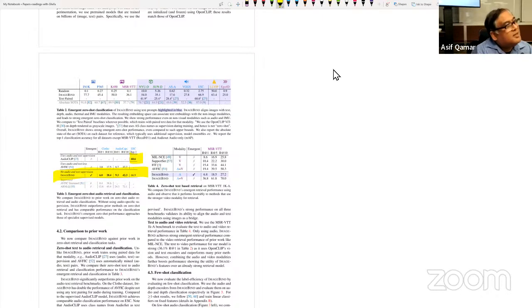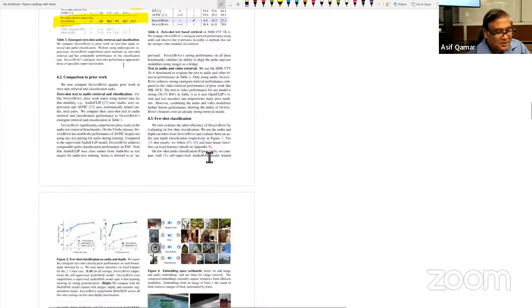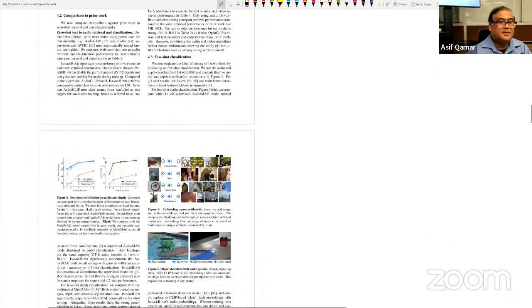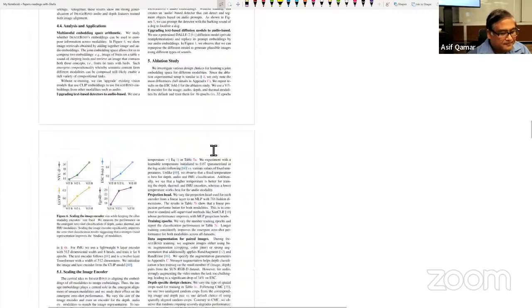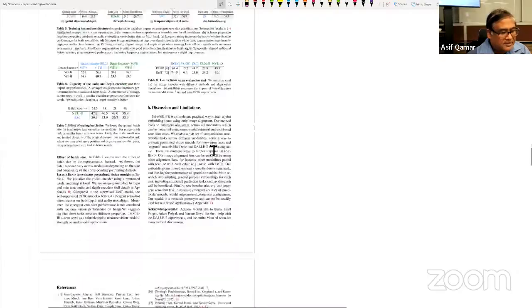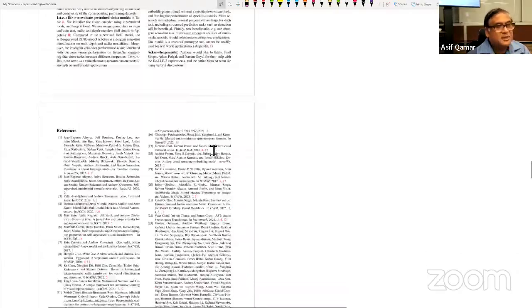But I want you guys, in your project, this is your project, to go use ImageBind, keep your other implementation, and compare the results of multimodal search. See how well it worked. You can do few shot classification and so forth. I'll let you read the rest of the paper. There's more to it, but I suppose that's the gist of it.